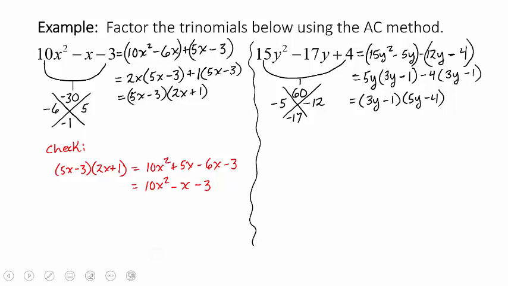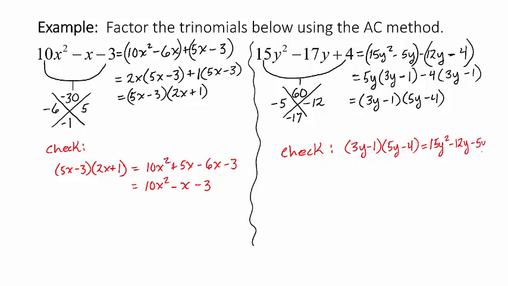Okay, let's check it. So we've got 3y minus 1 times 5y minus 4. In foiling this, 3y times 5y is 15y squared. 3y times negative 4 is minus 12y. Negative 1 times 5y is minus 5y.